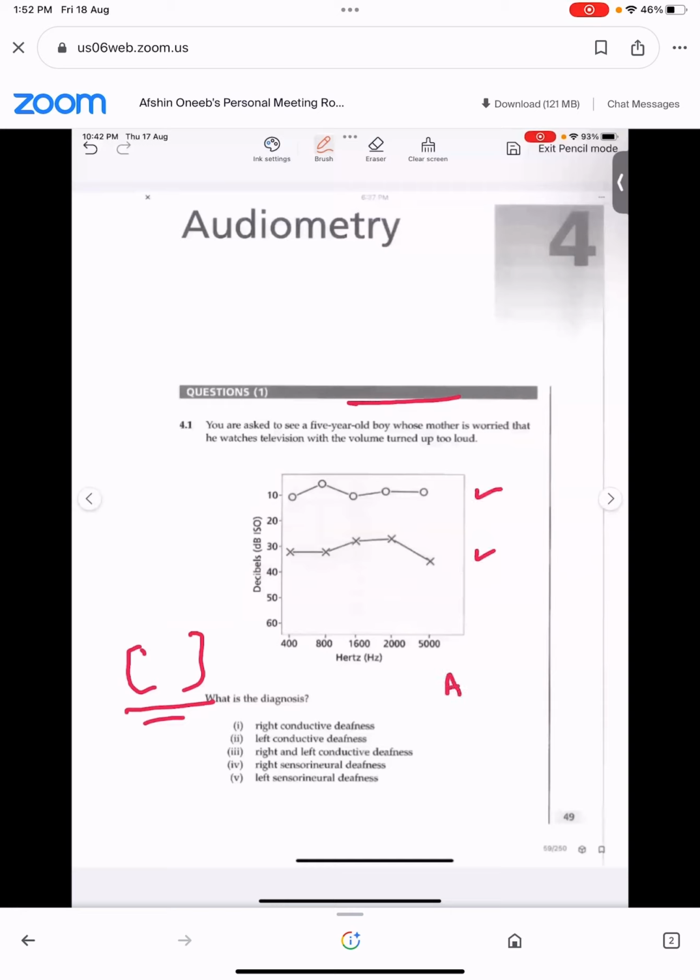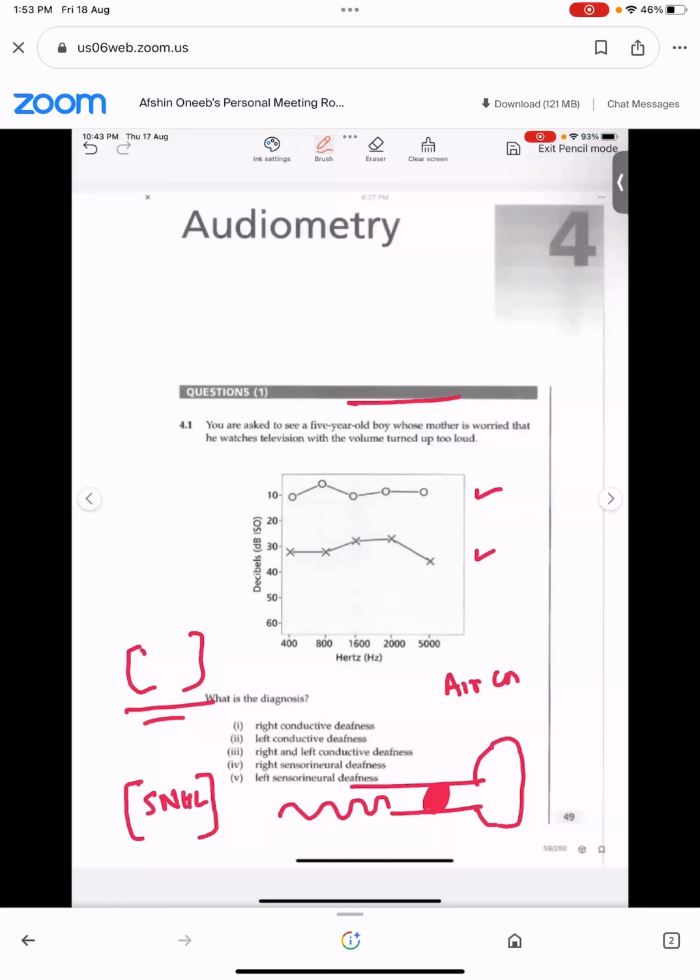Have they given here the left bone conduction? The bone conduction sign is like this. That is not present. It's only the air conduction. And whenever there is a problem in the air conduction, like this is my external ear, this is my external auditory meatus, when there is a problem in the air conduction, this is called conductive hearing loss. Whenever there is a problem in the bone conduction, this is sensory neural hearing loss.